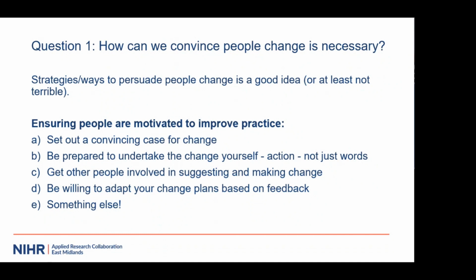The options are setting out a convincing case for change, being prepared to undertake change yourself, so actions as well as words, getting other people involved in suggesting and making change, and being willing to adapt your change plans based on feedback, or perhaps you think it's something else. So I'm just going to stop sharing this now, and hopefully I'll be able to launch the next poll.